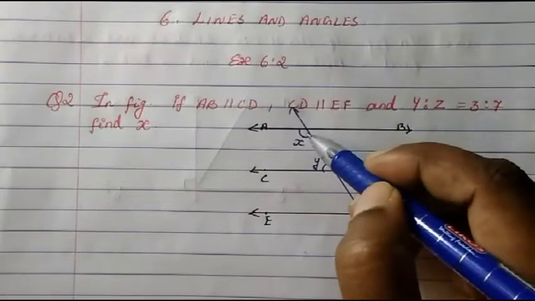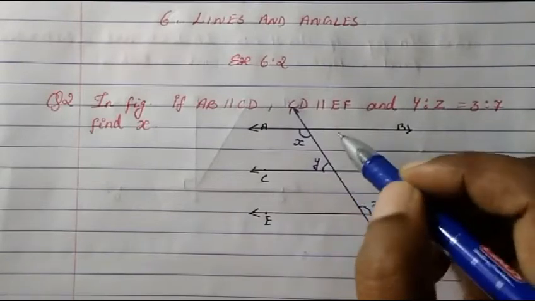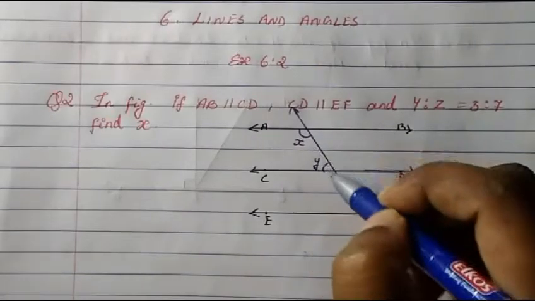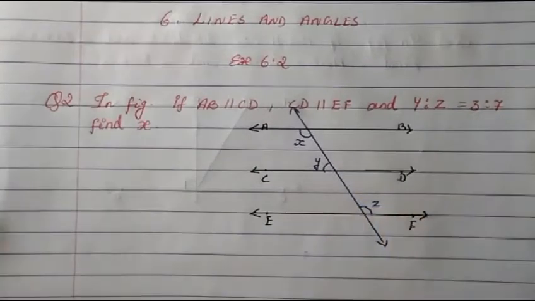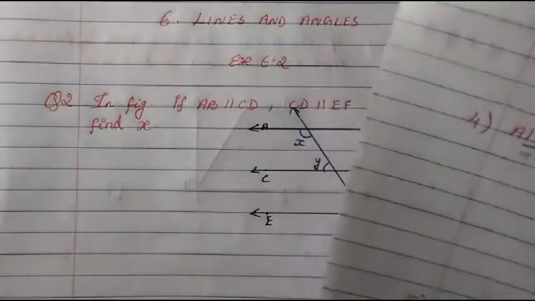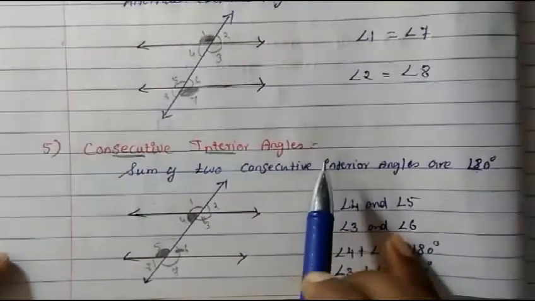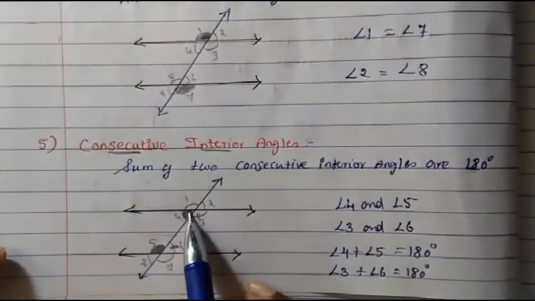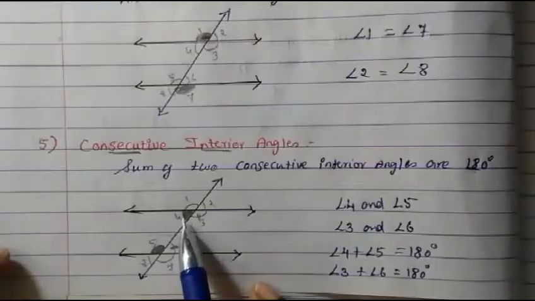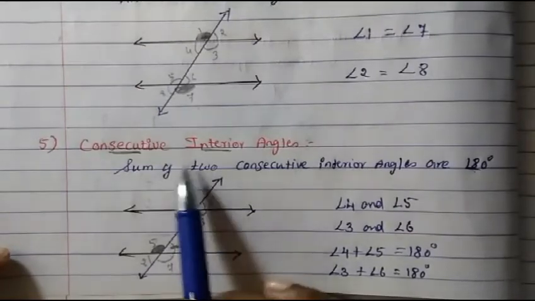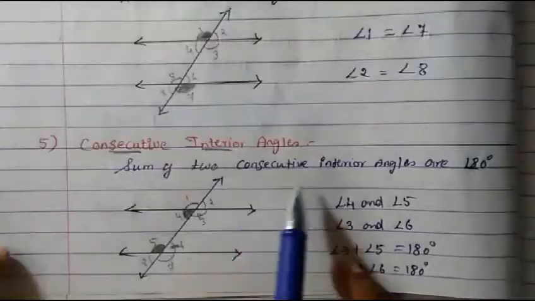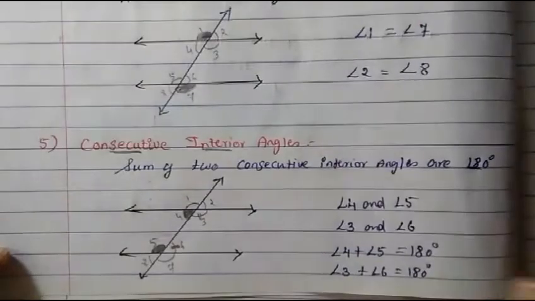These x and y are on the same side, so what type of angle is this? When same side, they are consecutive interior angles. If they are consecutive interior angles, the sum of consecutive interior angles will be 180.